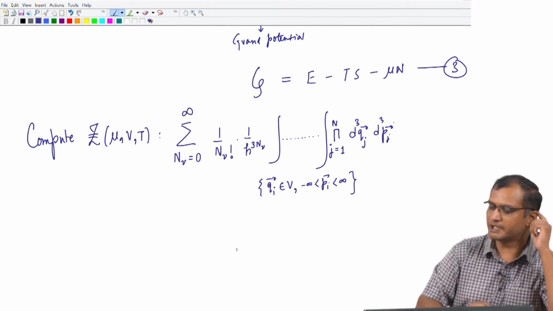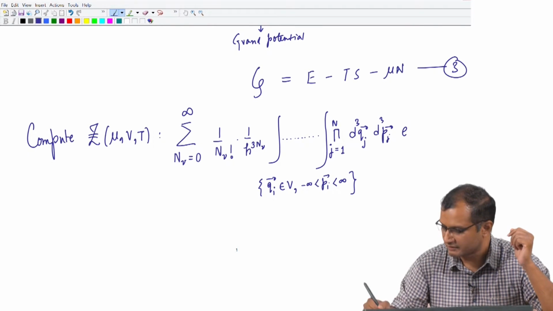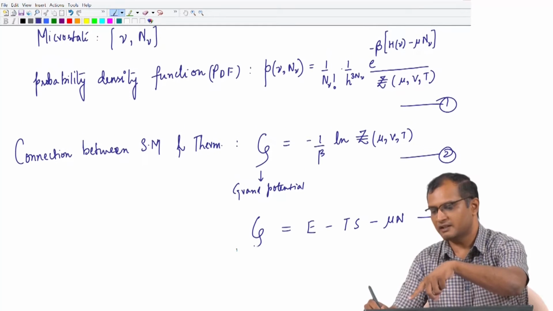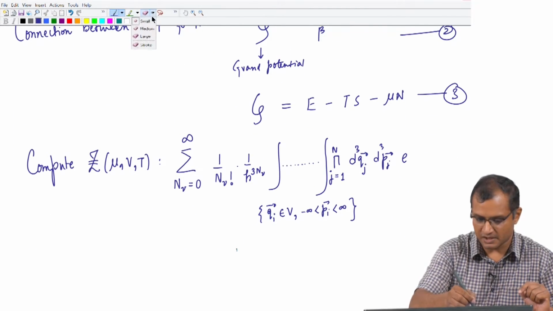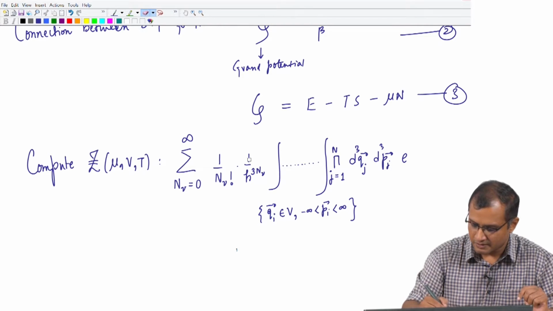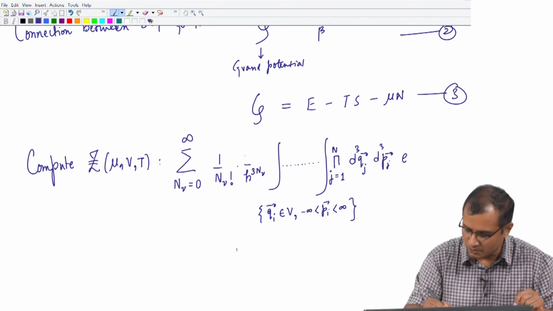So, this is a volume element for the n particle system into the Boltzmann factor, which is here. Now, the Boltzmann factor's chemical work has to be taken outside, because that is independent of position and momentum. So, that comes outside.